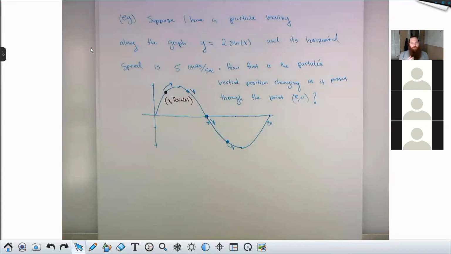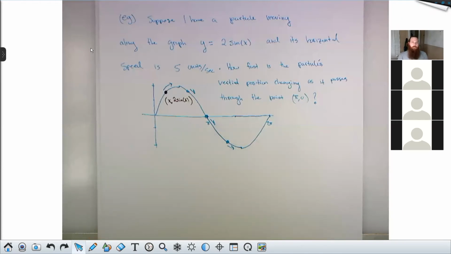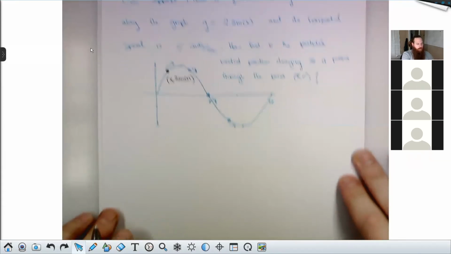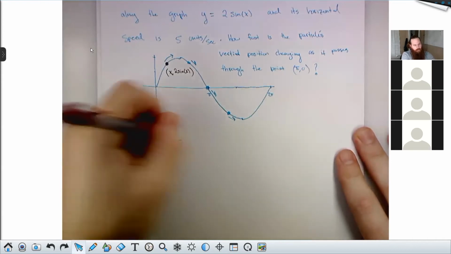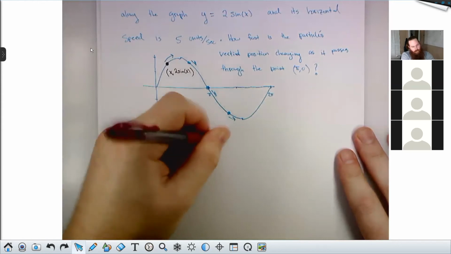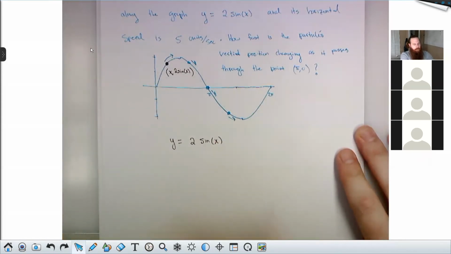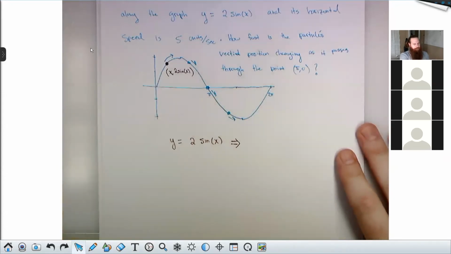I want to know how that vertical component is changing at the moment when I pass through this point. So I begin with my y equals 2 sine x, and I differentiate implicitly on both sides with respect to time.